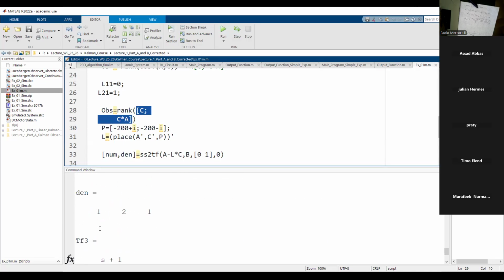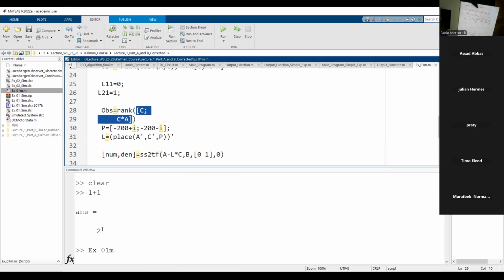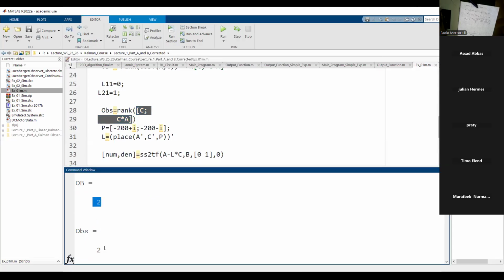Forget this part here, because it's related to another course. Let me look together with you at the test. Obsv once calculated using the MATLAB function, and once calculated by hand. Of course, for the rank I use the MATLAB function. We also have a manual way to calculate the rank. This means it's totally observable.